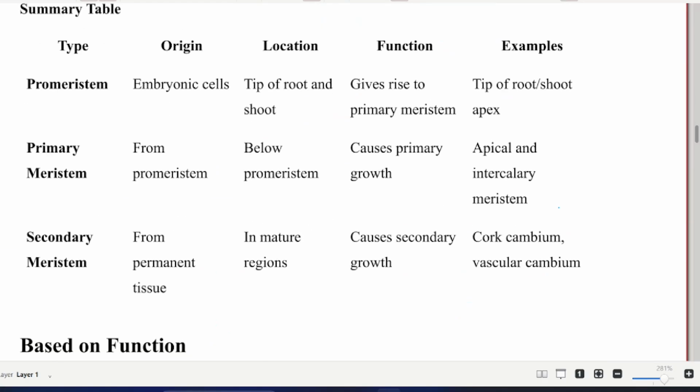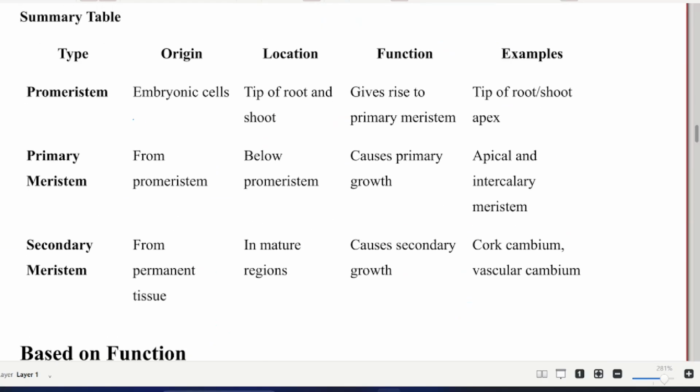Now let's summarize it in a very easy way. Let's look at the table. The promeristem's origin is from the embryonic cells located at the tip of root and shoot that give rise to the primary meristem. Primary meristems originate from the promeristem, are present below the promeristem, and cause the primary growth present in the apical and intercalary meristem.